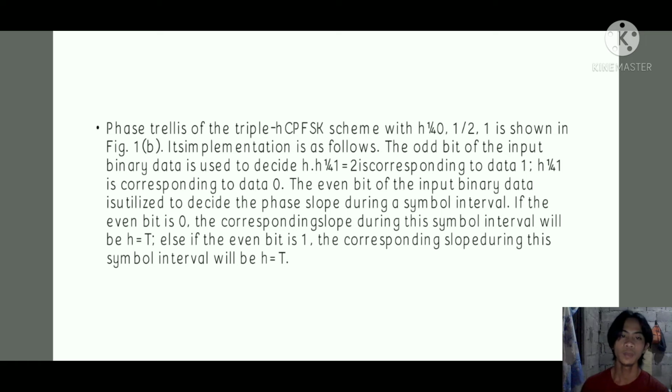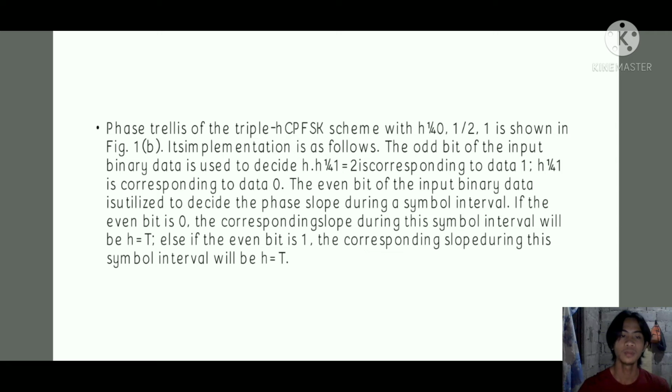Its implementation is as follows. The odd bit of the input binary data is used to decide h1. h1 equal to 1/4 corresponds to data 1, and h1 equal to 1/4 corresponds to data 0. The even bit of the input binary data is utilized to decide the phase slope during a symbol interval.